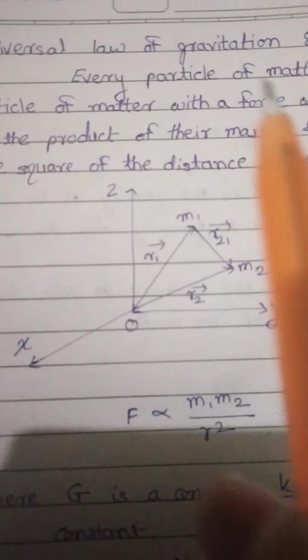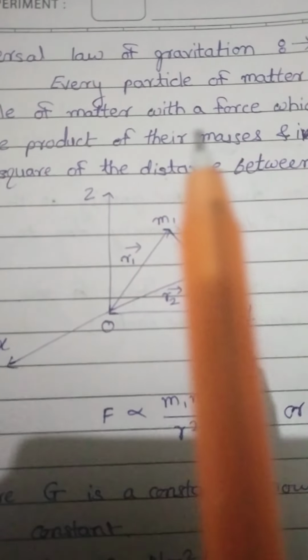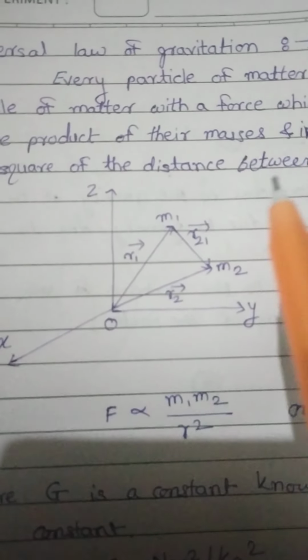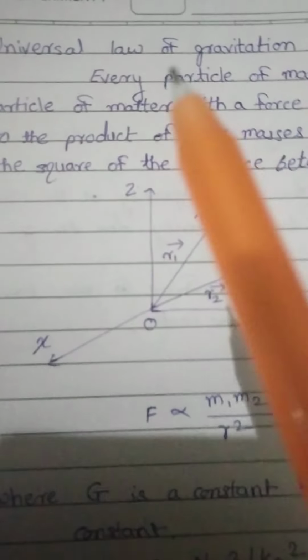This law is applicable to all material objects in the universe, hence it is known as the universal law of gravitation.